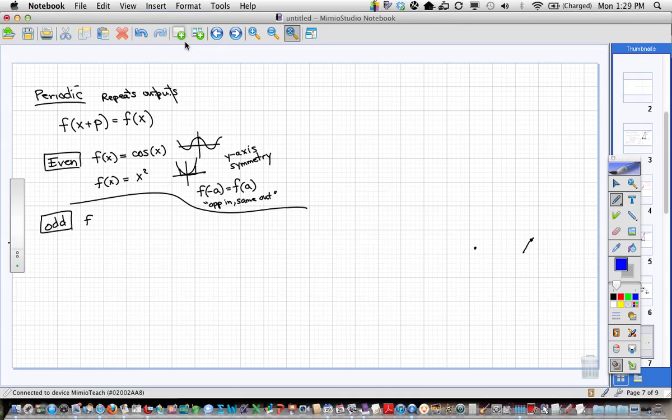Give me an odd function. Sine x. Give me another one. Well, if x squared is an even function, x cubed has got to be an odd function. Let's look at those two graphs real quick. Sine and x cubed.